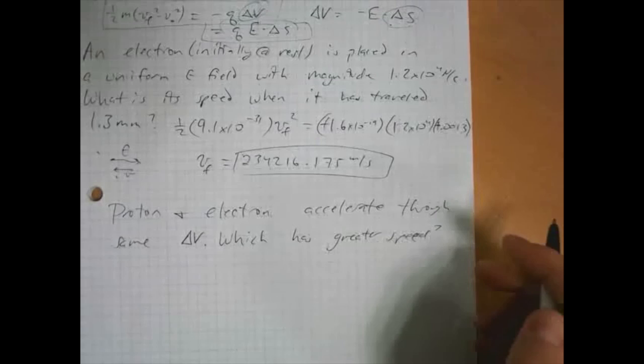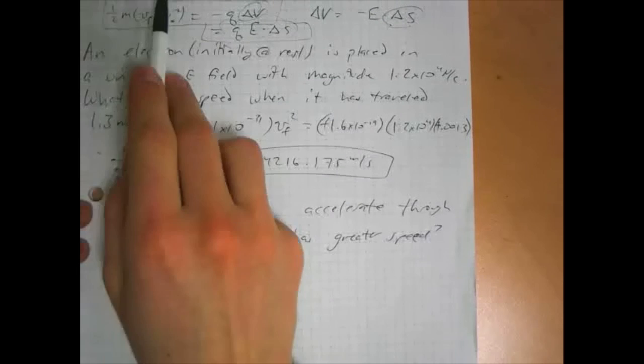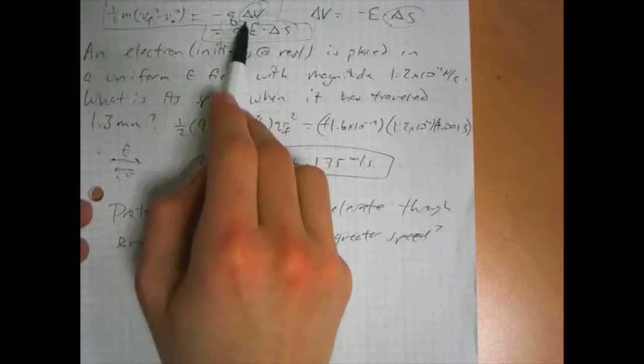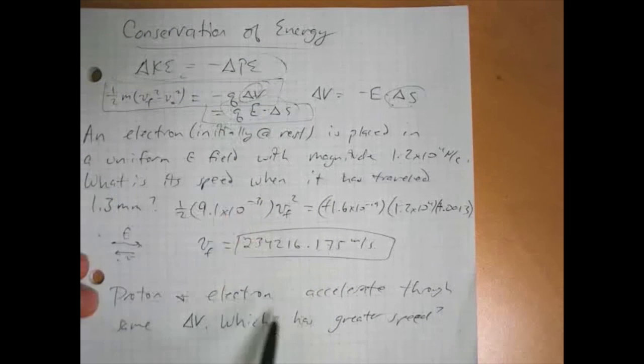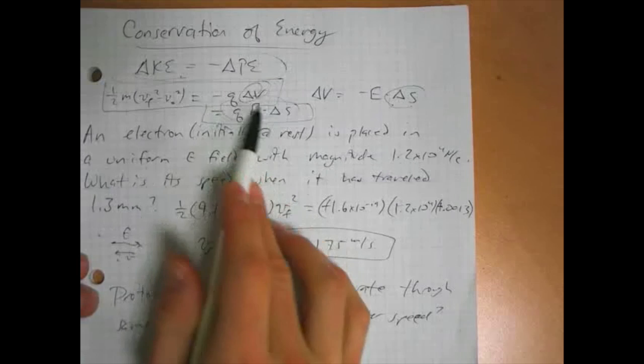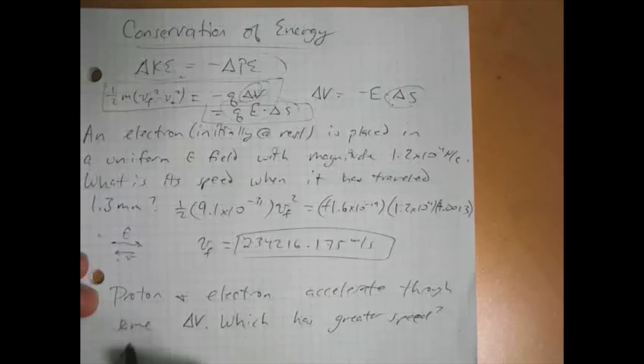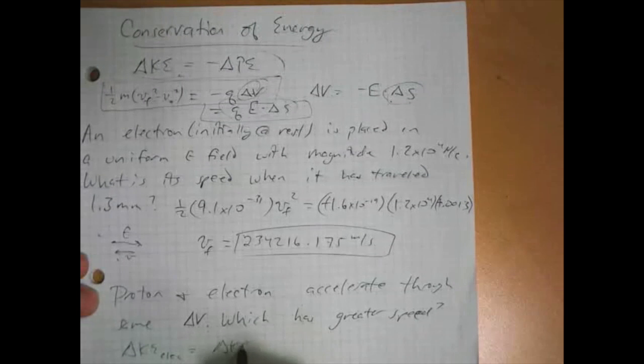We know this change in kinetic energy is equal to Q delta V, and the Q and the delta V are the same here. So the delta KE of the electron is going to be the same as the delta KE of the proton.